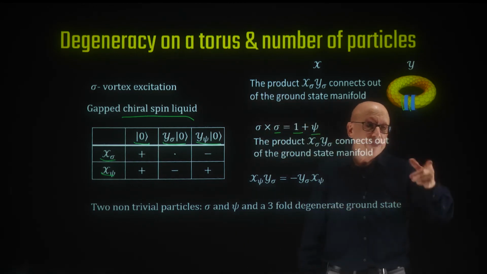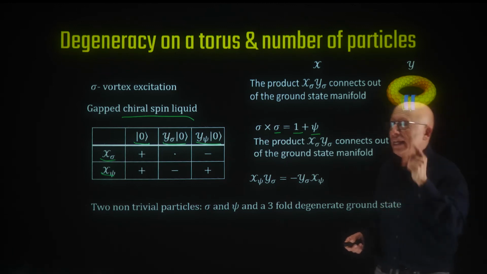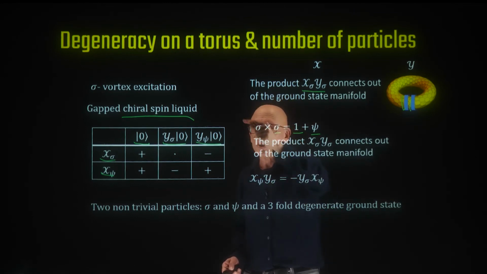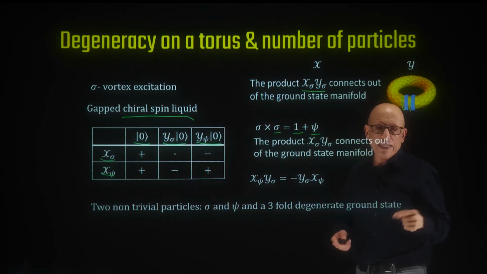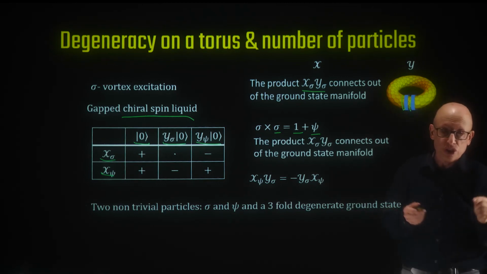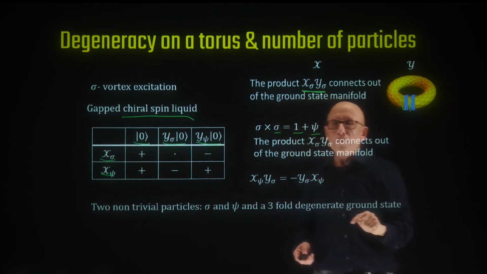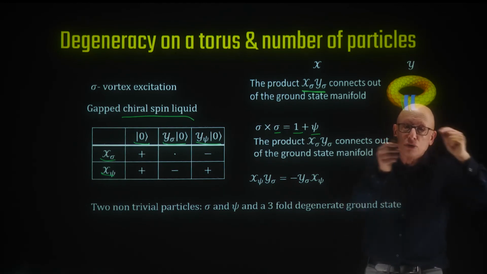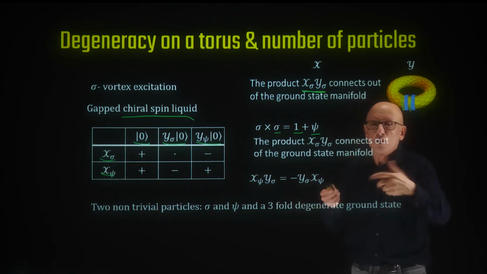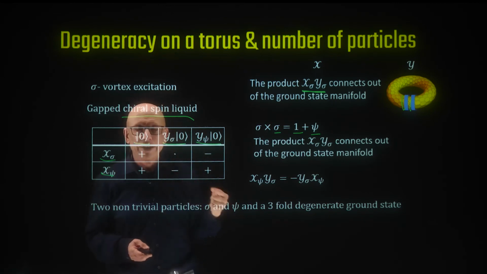But the fact that one combination doesn't have the right fermion parity is expressed by the fact that the product of the loop operator associated with the sigma or vortex particle and the X operator associated again with the sigma or vortex particle turns out to take the system out of the ground state manifold, and therefore is not useful for a measurement of which state we're in.